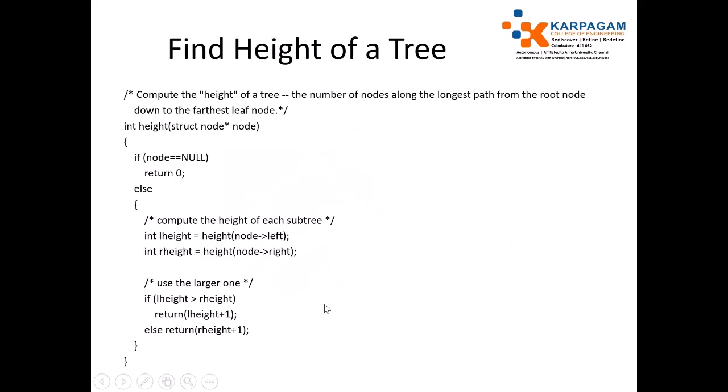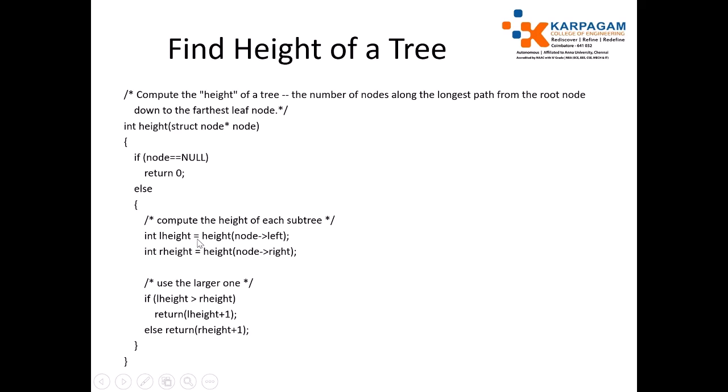In the height function, we pass the address of the root node, that is the starting address of the tree, and it returns the height as an integer value. If the node is null, it means we have no element in the tree, so the height is 0.